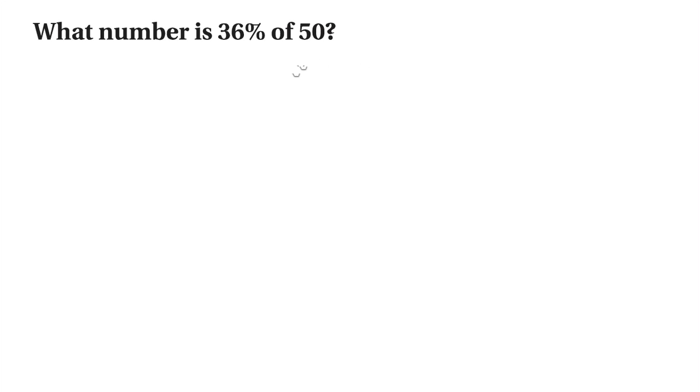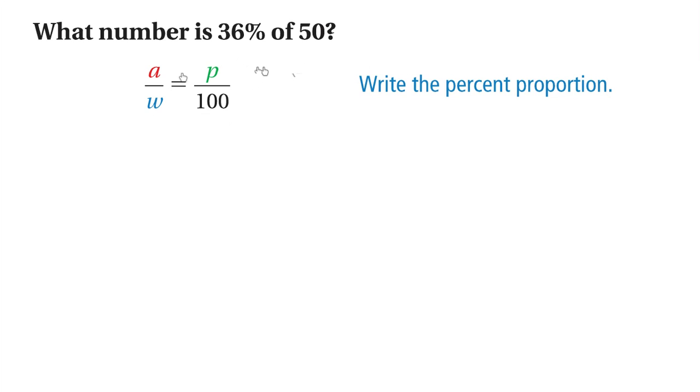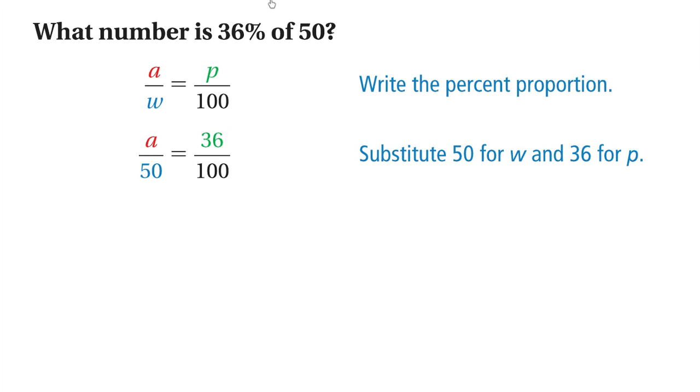So the book has a sort of convoluted way of doing that. So I'm going to show you that real quick, but I'm going to show you an easier way right after. Okay, so it says what number is 36% of 50? So what they do is they set up a proportion, right? Basically, 36% is the same as 36 over 100. Remember, it's part of a whole.